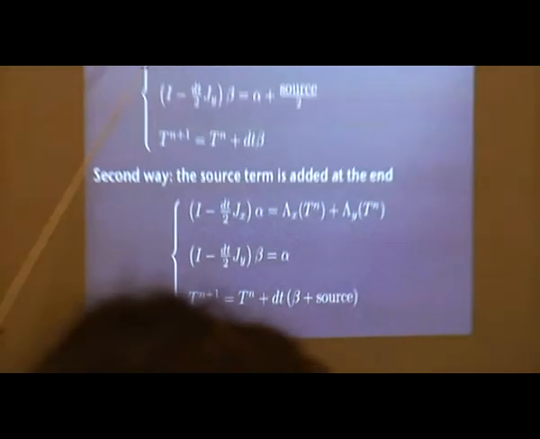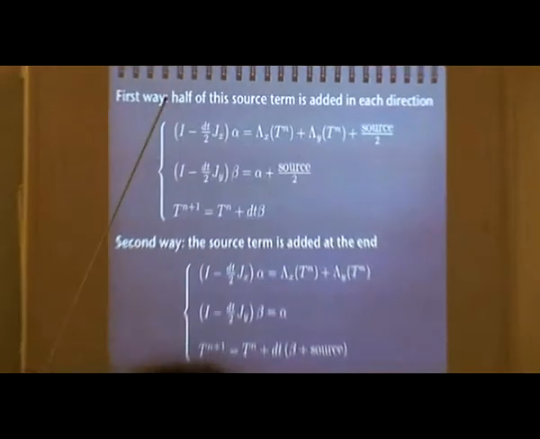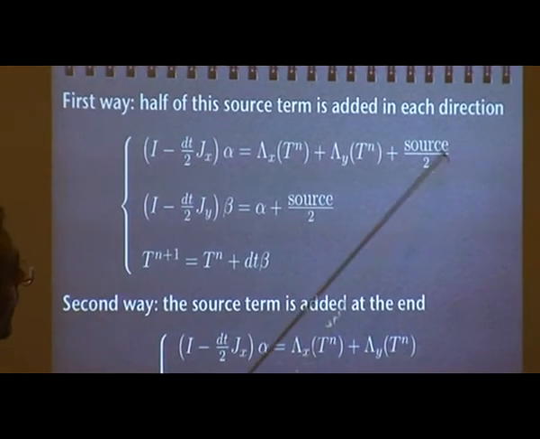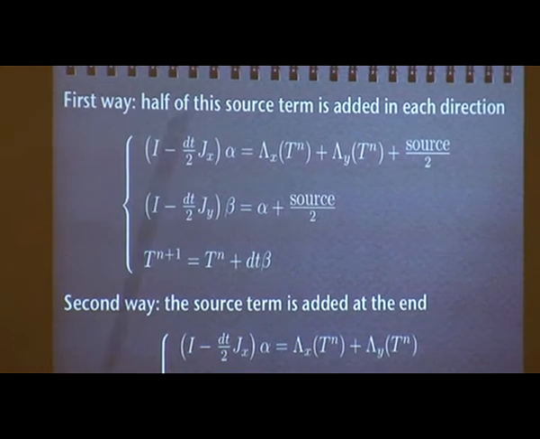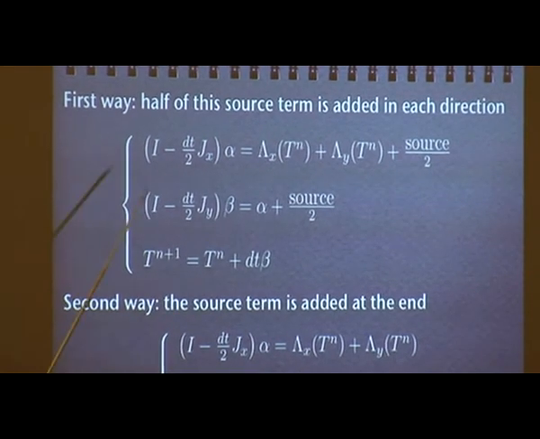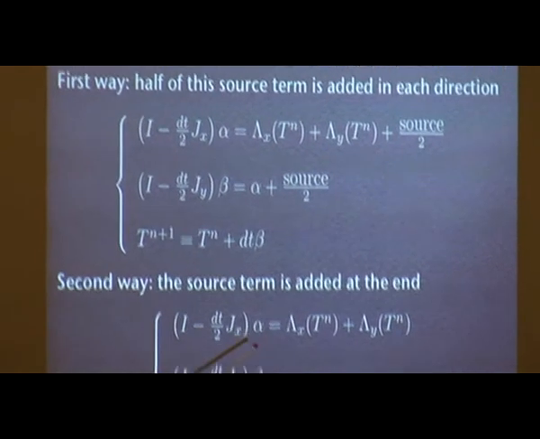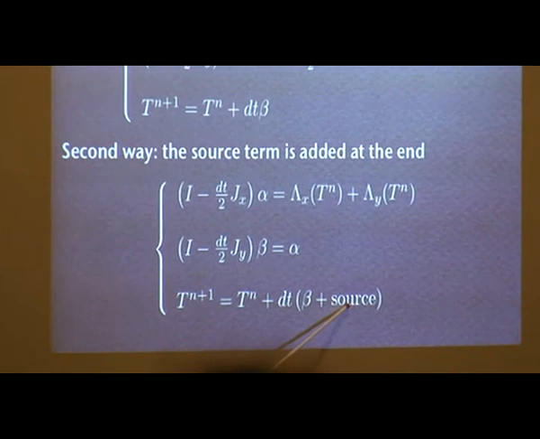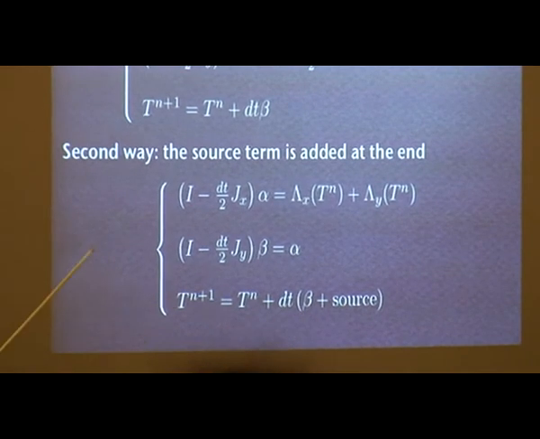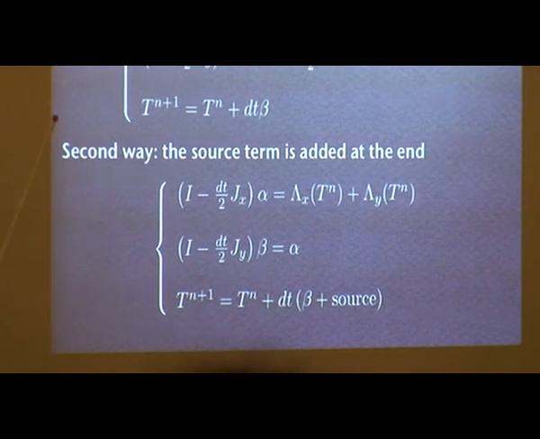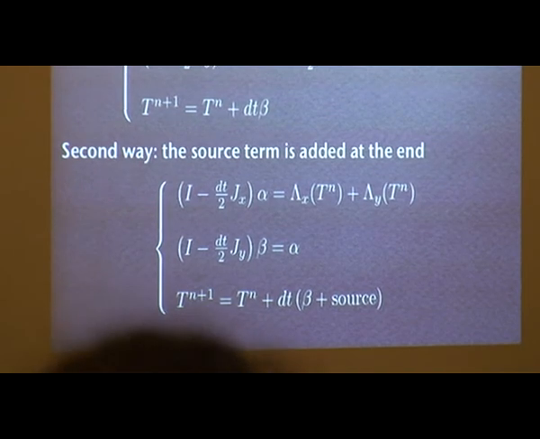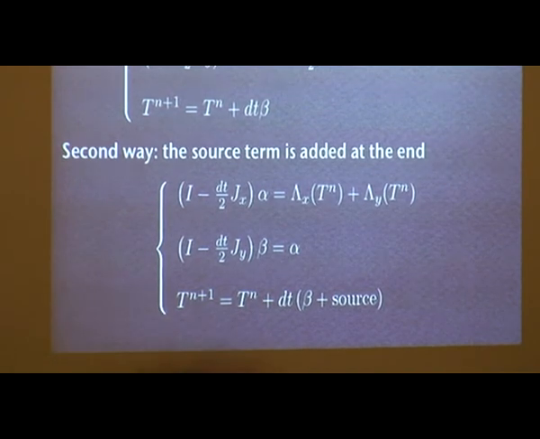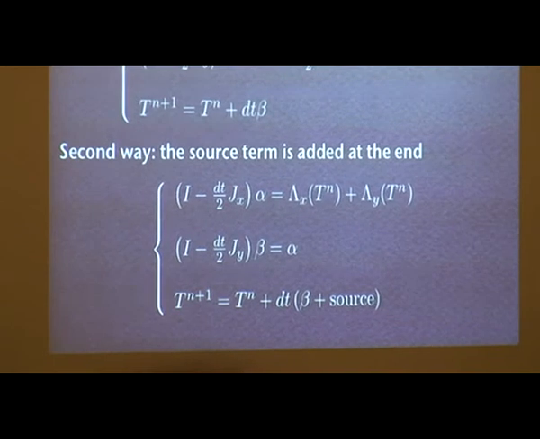First, half of the source term is added in each direction. So in the x direction we add half of the source term, and in the y direction we add half of the source term. And the second way to do that is to add the source term at the end. So we compute the x direction, the y direction, and then at the end we add the source term coming from the explicit method and the implicit one. Explicit and implicit are merged together. Actually, it gives exactly the same result, almost. So this method has been intensively checked on the onset of convection when the diffusion is very large.